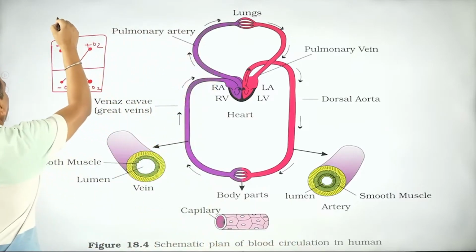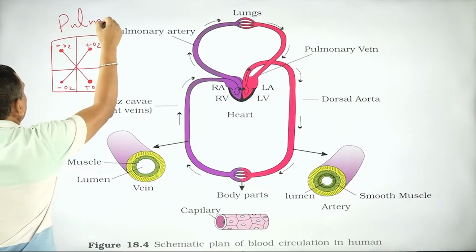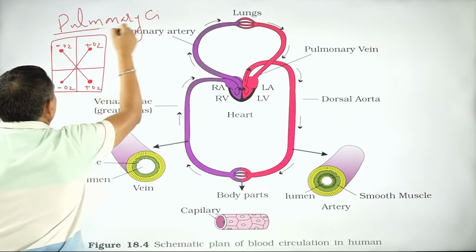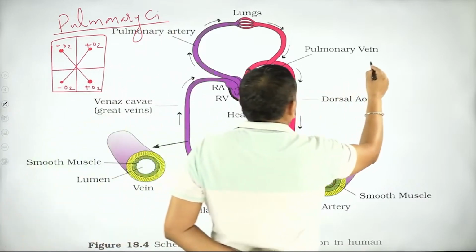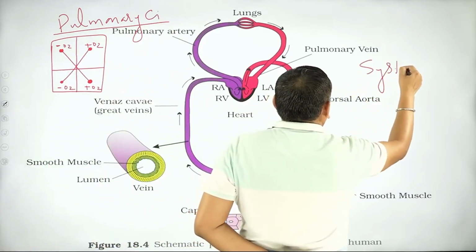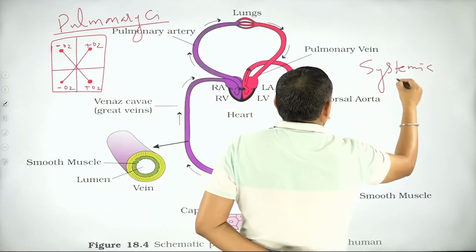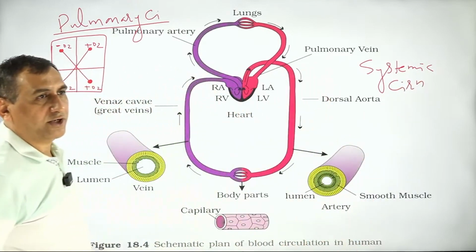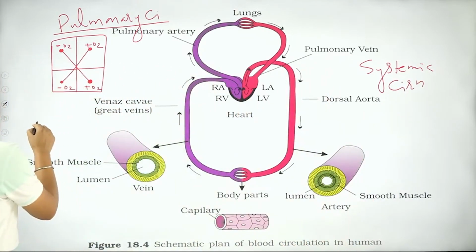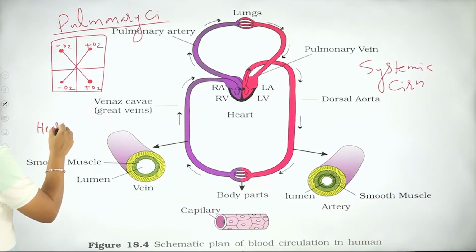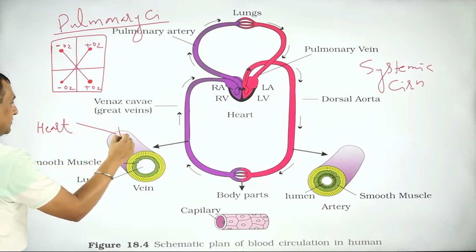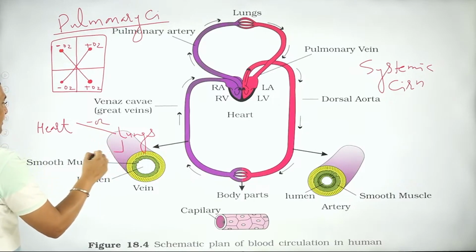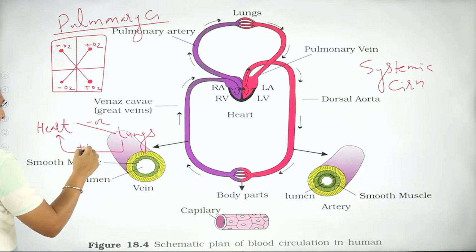One is the pulmonary circulation, another one is known as the systemic circulation. From the heart to the lungs, that is the impure blood, and from the lungs back into the heart, that is the pure blood.